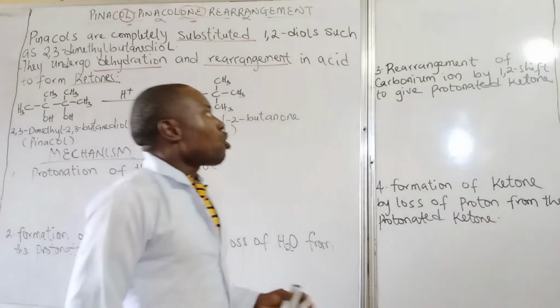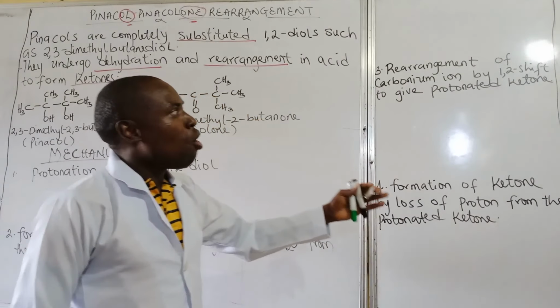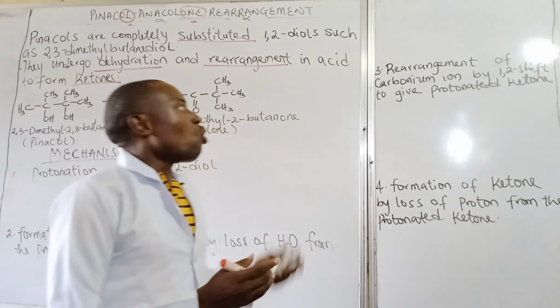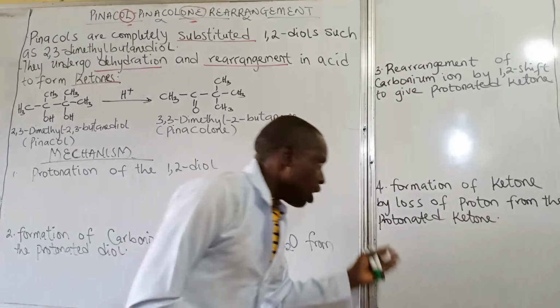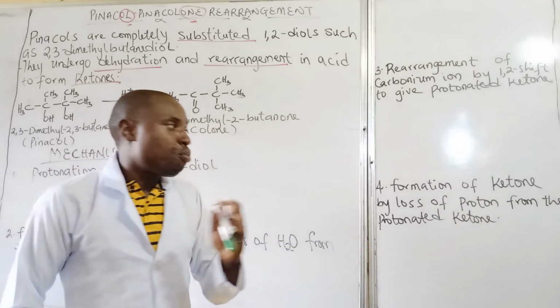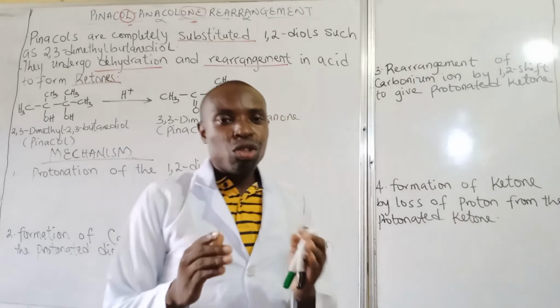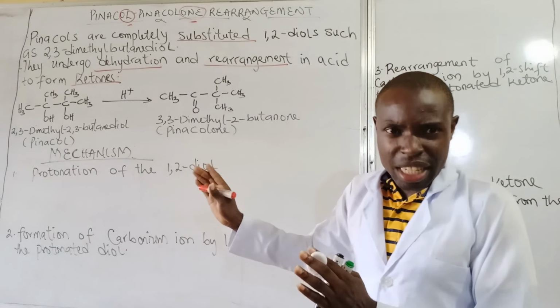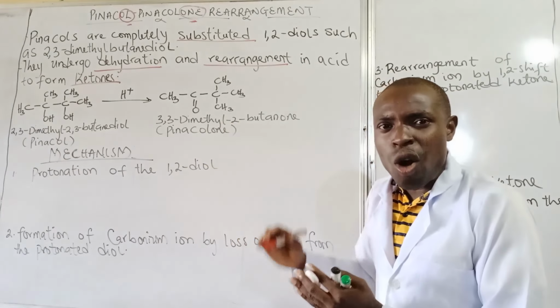Then number three, rearrangement of carbonyl ion by 1,2 shift, which is where the rearrangement comes in, to give a protonated ketone. And number four, the formation of ketone by loss of proton from the protonated ketone. Now we'll be taking each of these steps one after the other.